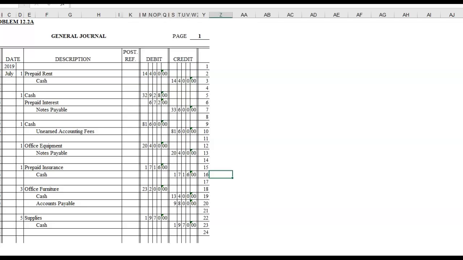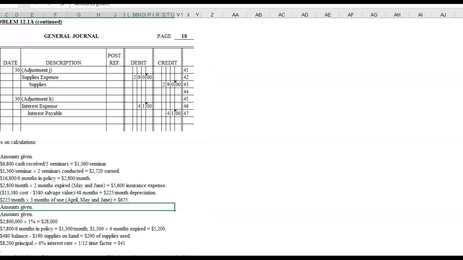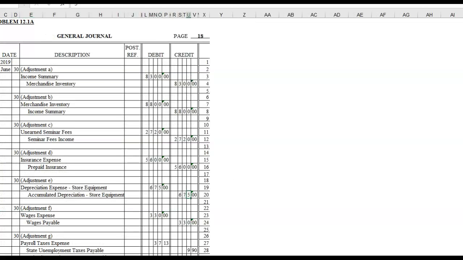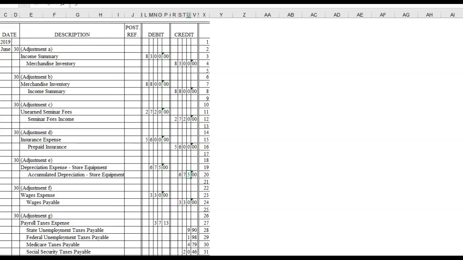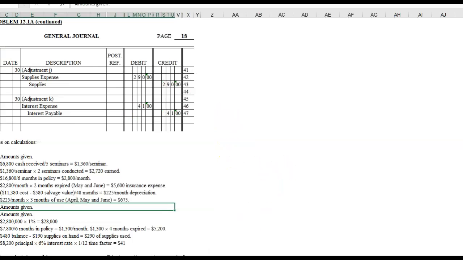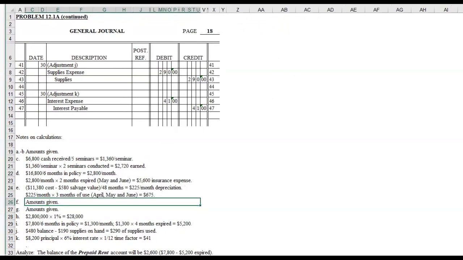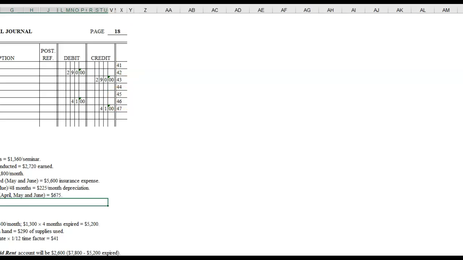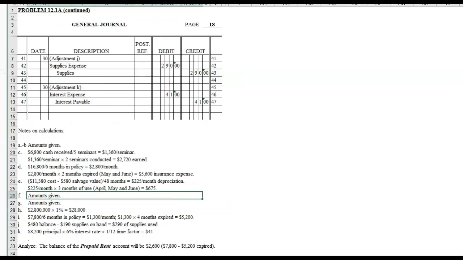I'll put them up right now so you can look at them, but I really like you to try them on your own. For me telling you the answers doesn't really teach you anything. But you can read through an adjustment and see what it means along with your book. Read how to calculate notes; how we did the math on the other problems is the same way we'll do the math here.